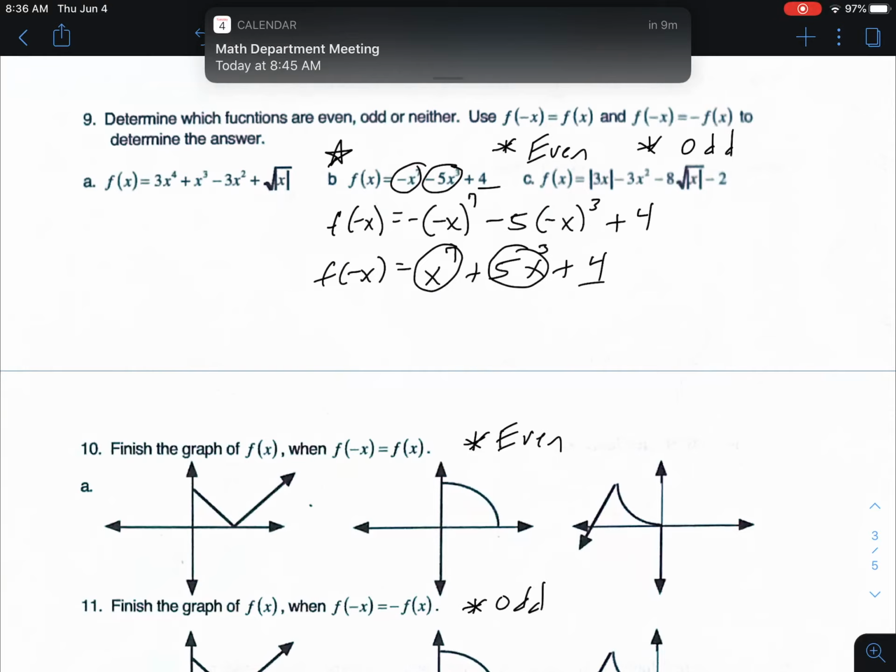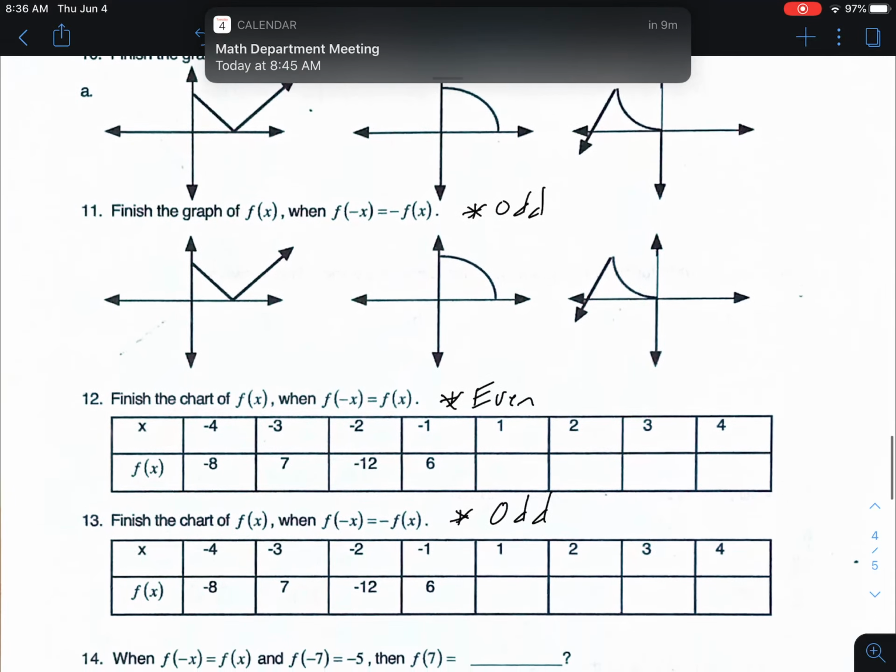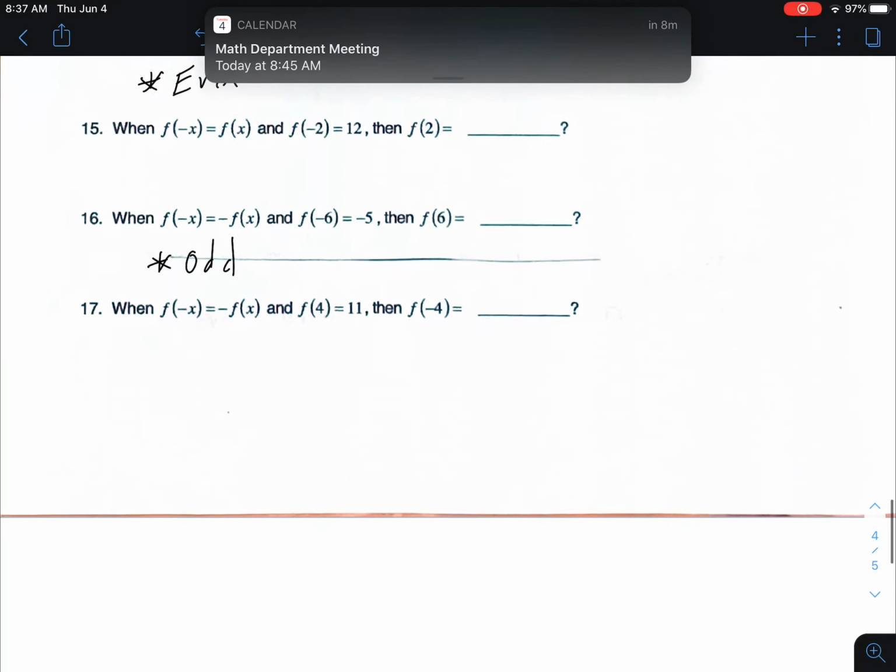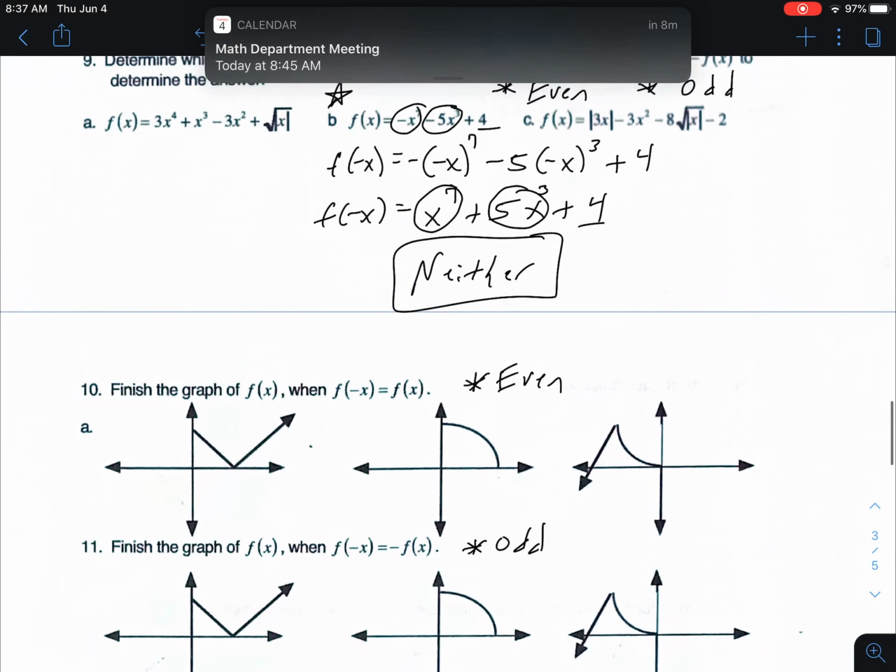So if all of them had switched to the opposite sign, that would be odd. If none of them switched and they all stayed the same, that would be even. But in this case, since we have some that changed and some that didn't, that is neither even nor odd.